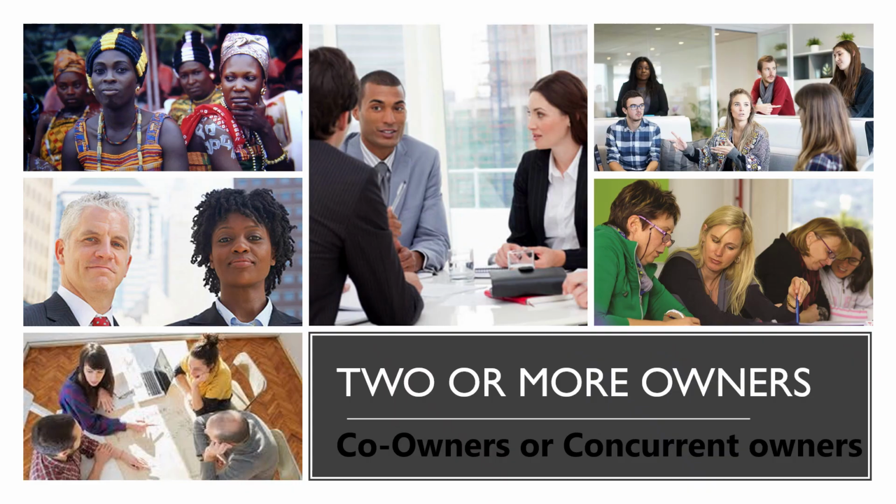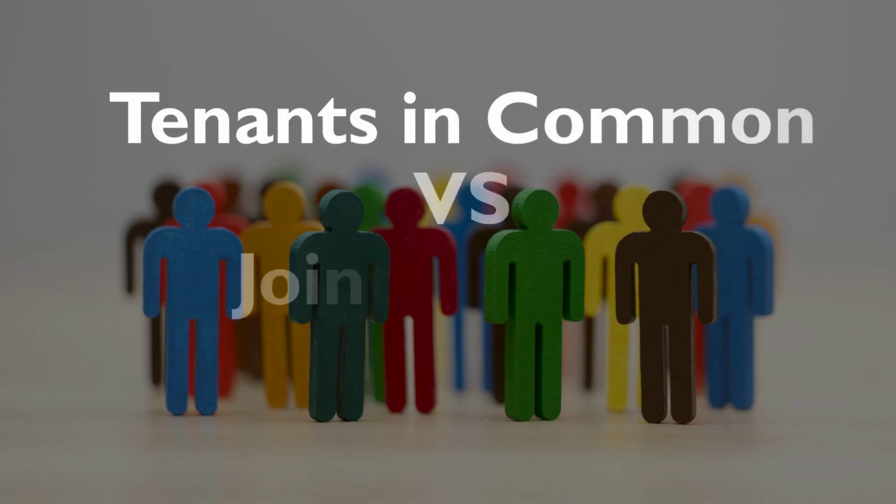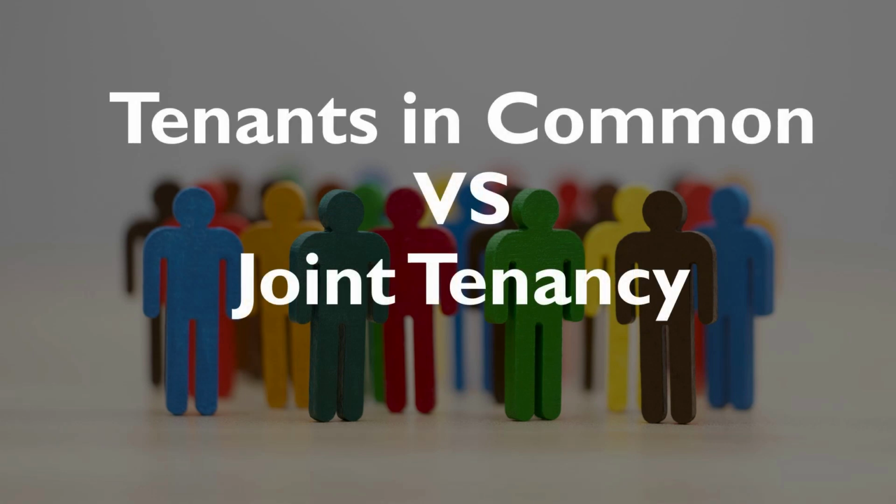When it's 2 or more individuals, the term will be co-owners or concurrent owners. 2 or more individuals, you have choices. So let's go through the differences. Tenants in common versus joint tenancy. Let's review.